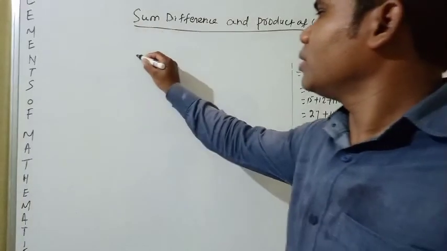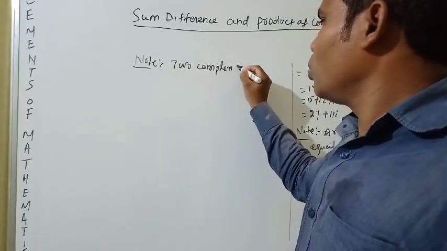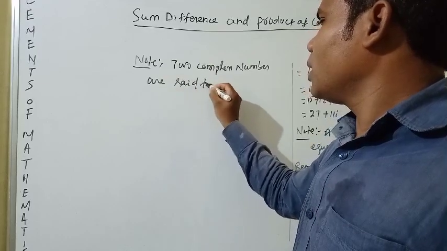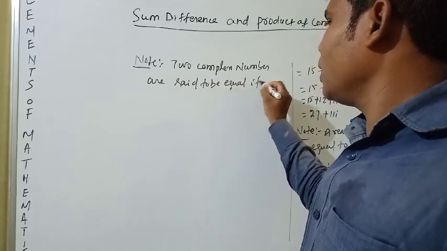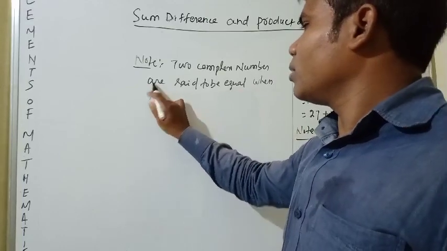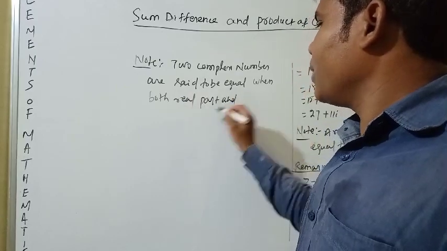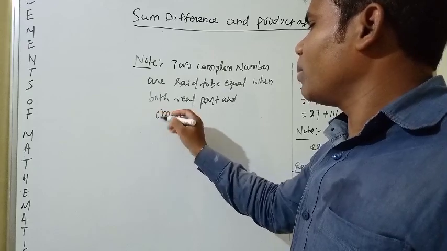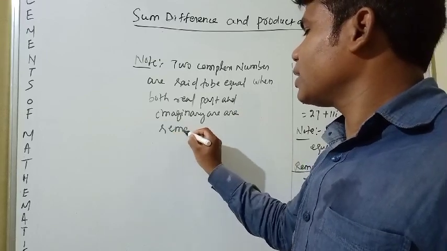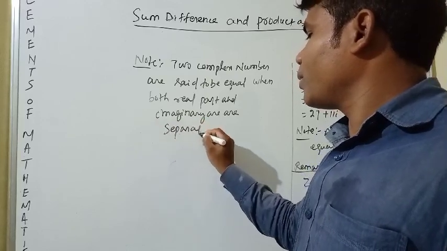Another thing you see: two complex numbers are said to be equal when both real part and imaginary part are separately equal.